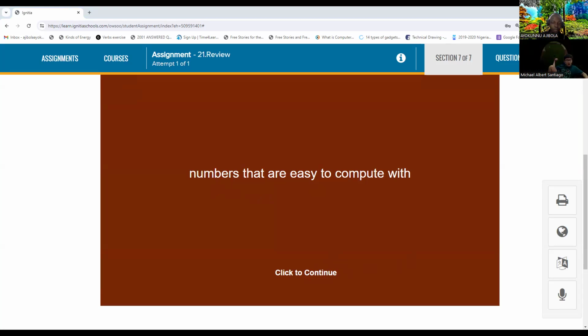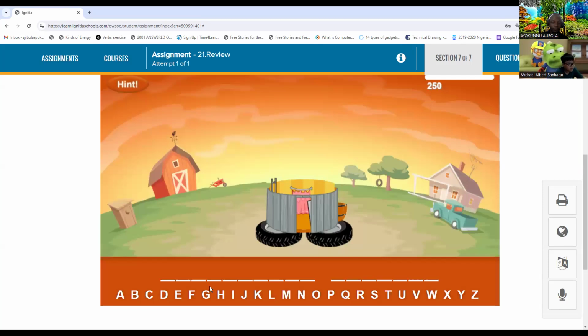The question says, numbers that are easy to compute with are called what? They are compatible numbers, right? Yes. So how do you spell compatible?